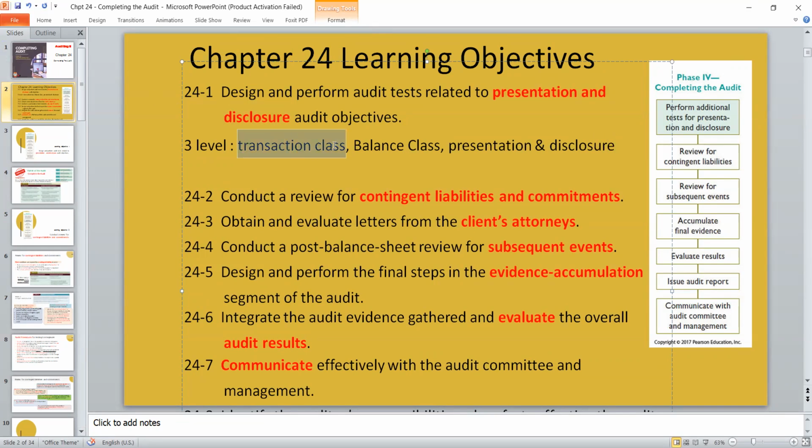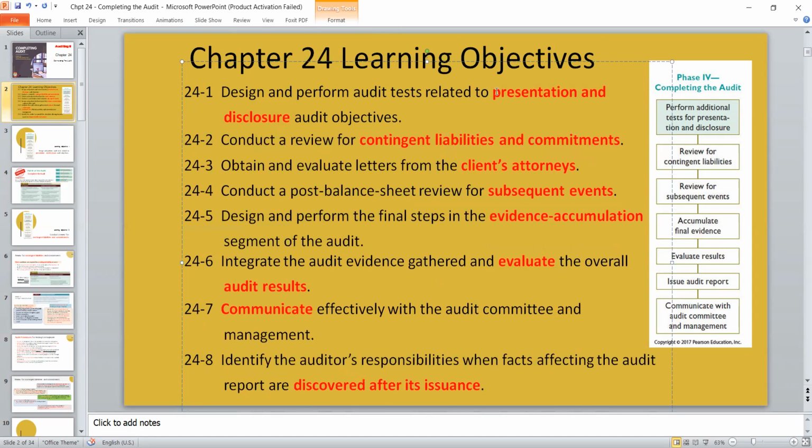The transaction class assertions are for auditing the income statement. Balance is for the financial position accounts, and presentation and disclosure is for the finishing, for the information disclosed in the audit reports, especially in the notes of the financial statement.